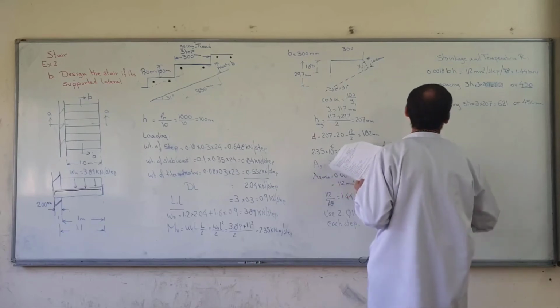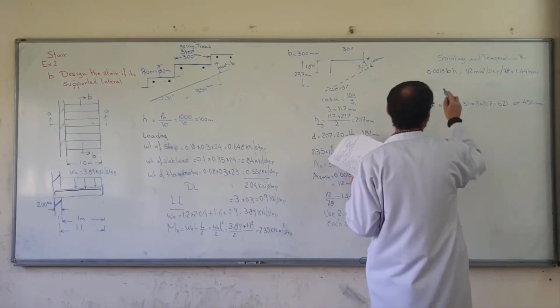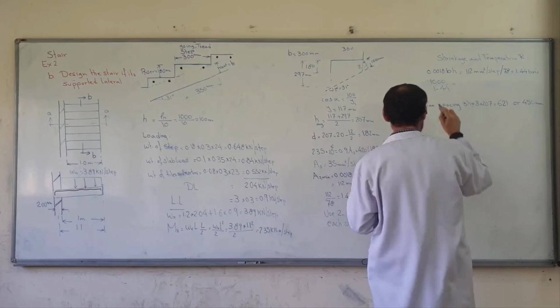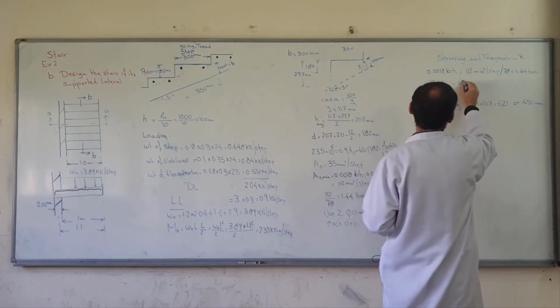Now 1000 divided by 1.44 bars in each meter, we get is equal to 694 millimeters.